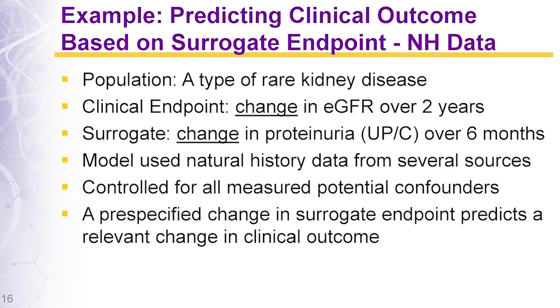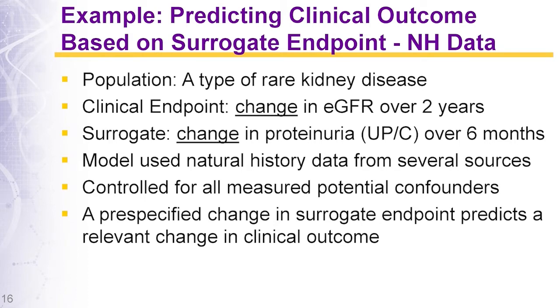The surrogate that was used was a change in proteinuria over a shorter time frame, let's say 6 months. And the model used natural history data from several sources because of the rare nature of this disease, combining all those data sets.